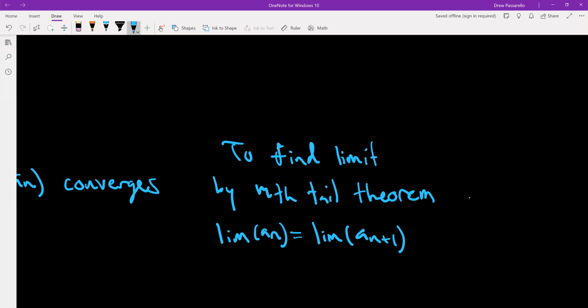So they're going to be equal to each other by that nth tail theorem. All right, so that's how I'm going to structure the problem.